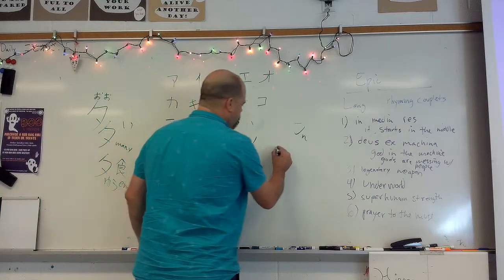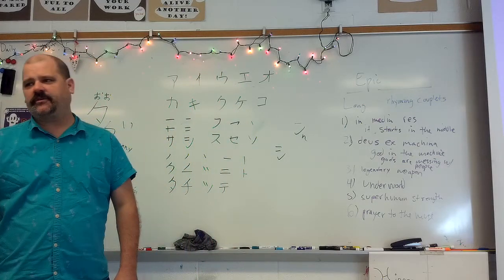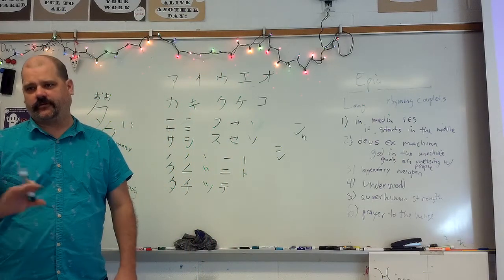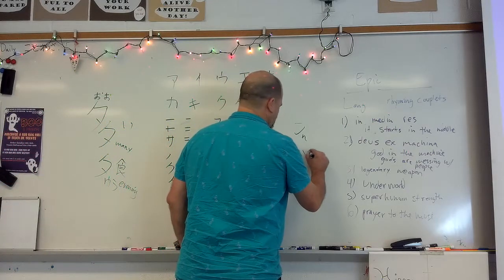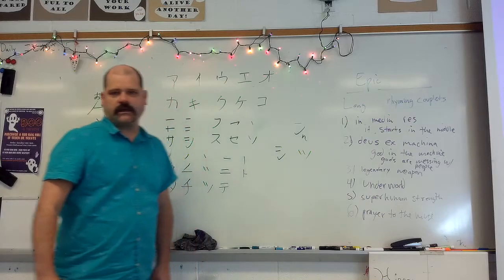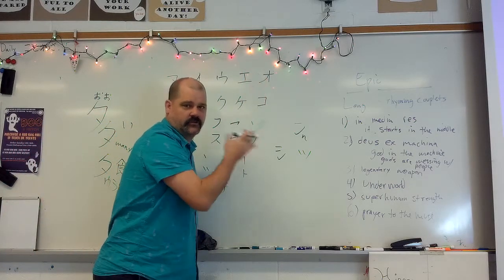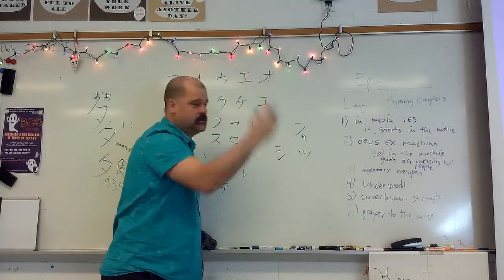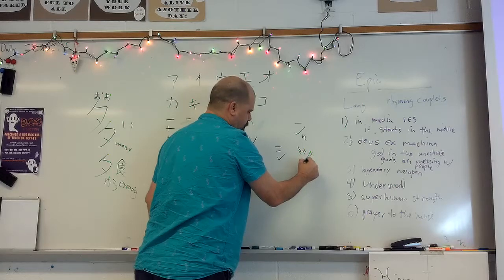Shi is an equal mark and a check. Okay? No Japanese person is going to mistake that for tsu. Tsu goes down, down, down. Okay? So shi is an equal mark and a check. So it's going up. Tsu goes down, down, down.